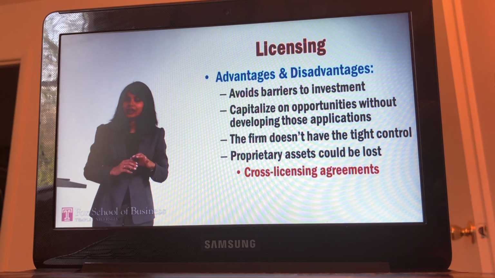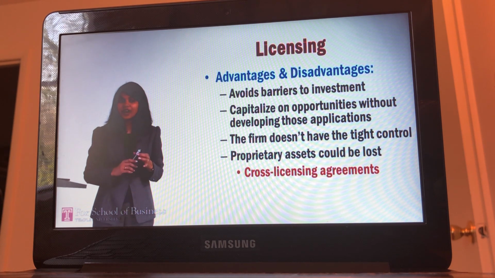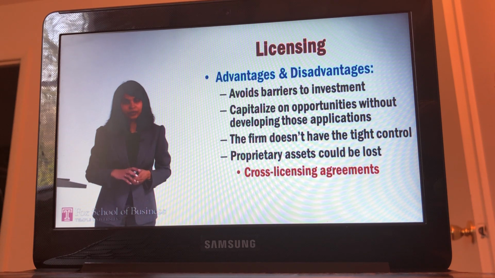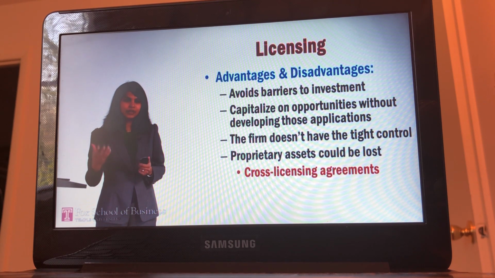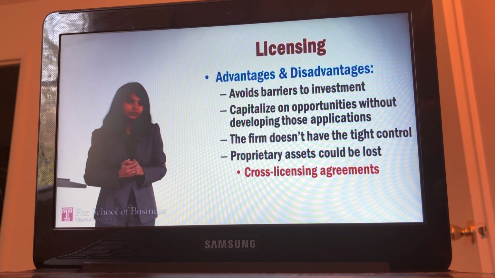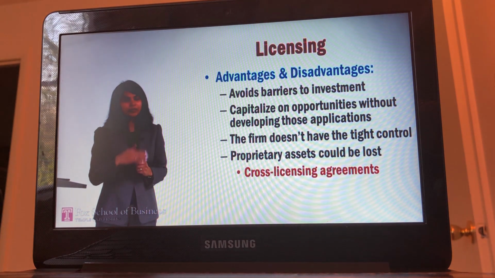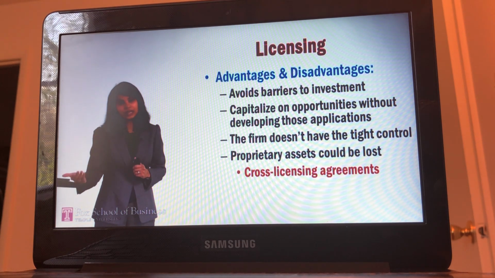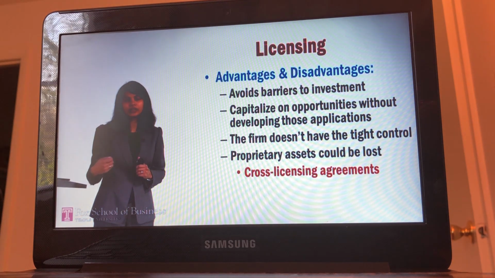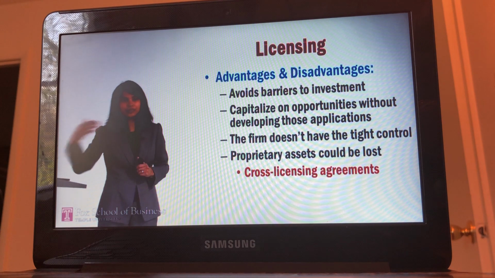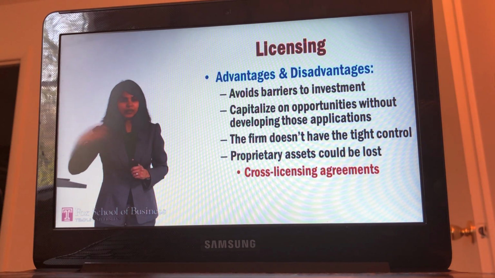But in certain high-tech industries, firms have come up with novel ideas of using licensing agreements. Two important points here. One, there's something called cross-licensing agreements. Suppose there are two firms, A and B, in the pharmaceutical industry. Firm A will give a license to some intangible property to firm B, and instead of getting a royalty payment, firm A may say, okay, I have given you a license to use one of my technologies.